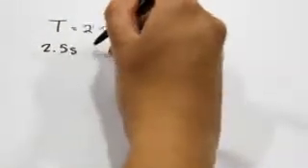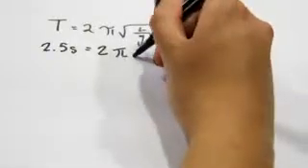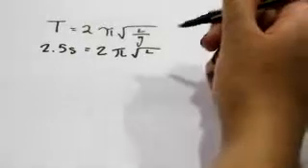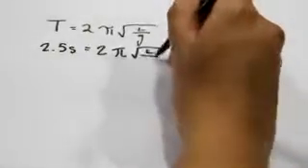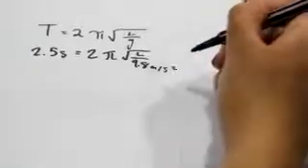So for period, we have 2.5 seconds equals 2 pi times the square root of L over 9.8 meters per second squared. So first, we do the 2 times pi.